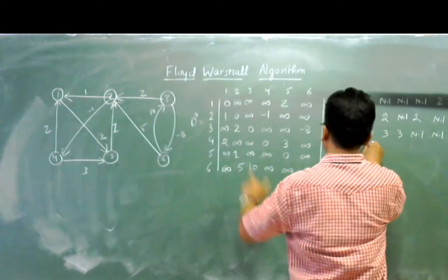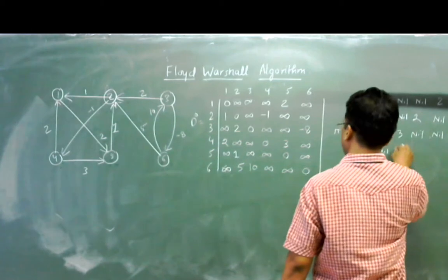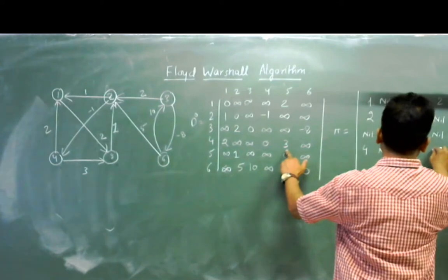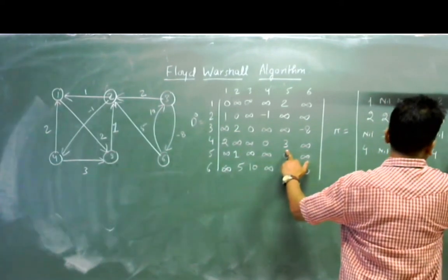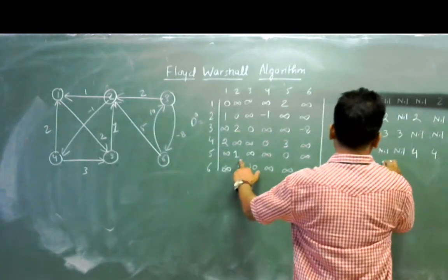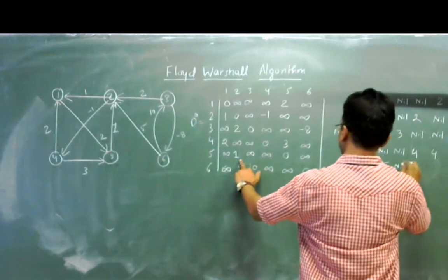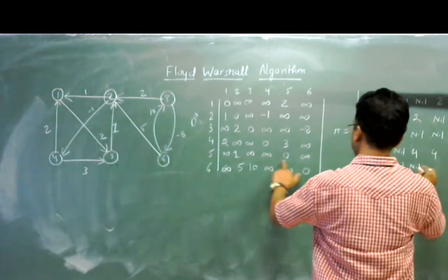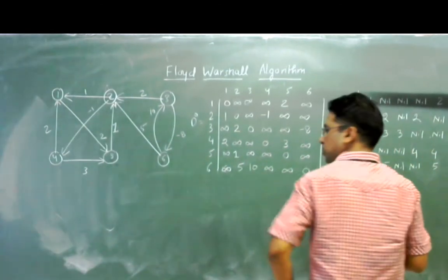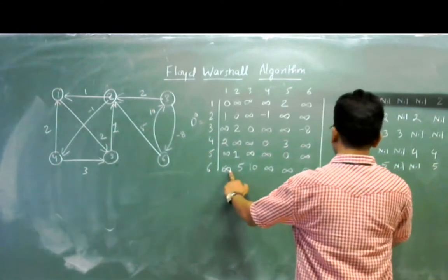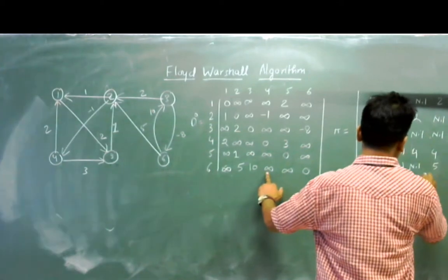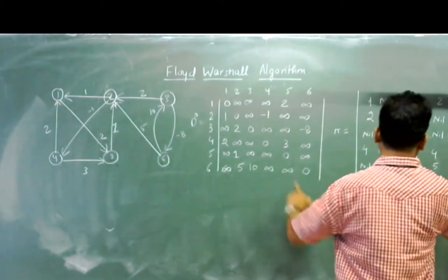Here it is 4, nil, nil, 4, and this one is 4 and nil. Right? Here nil, 5, nil, nil, 5, nil. Here the vertex is nil, 6, 6, nil, nil, and 6.